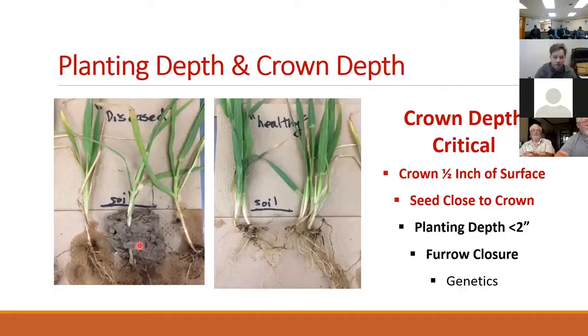There's nothing good that we can tell you about that, but getting your furrow closed is an important part of it. I came up and saw you guys, not this summer, but the summer before. We are developing a line for spring wheat that you can plant at 4 inches depth and it's going to produce your crown at a ½ inch depth.